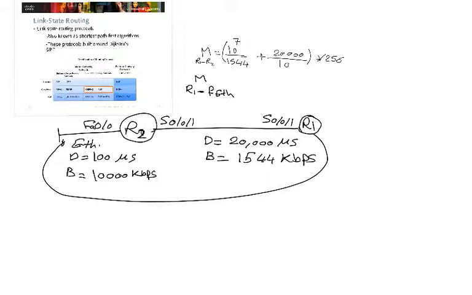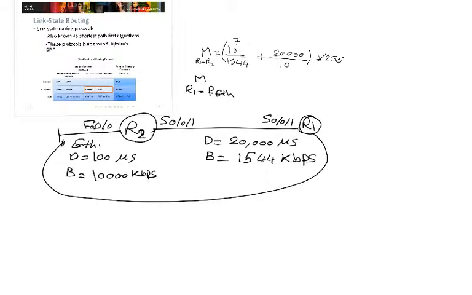So we have to calculate the metric for this link first, and then for this LAN. We have to keep in mind that there is a difference between the bandwidth and the delay. The bandwidth is what we call a bottleneck parameter, which means that the bandwidth is like the thickness of the link or the thickness of the pipe.